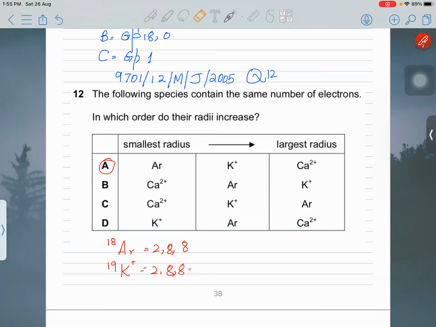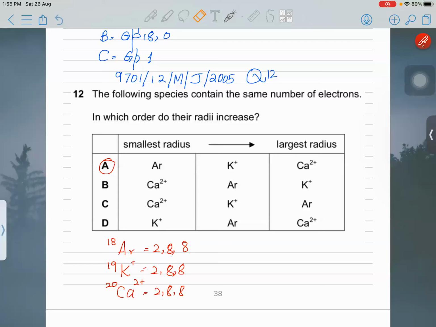Plus means remove this electron. Now calcium 2 plus: 2, 8, 8, 2. Plus 2 means remove 2 electrons. So the electronic configuration is the same, but the only difference is the charge.